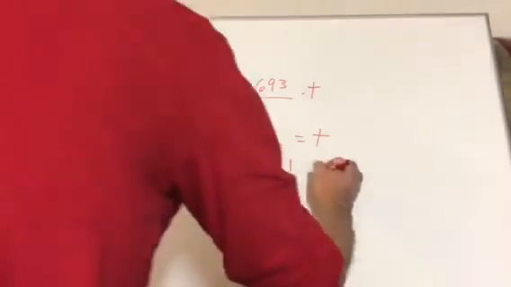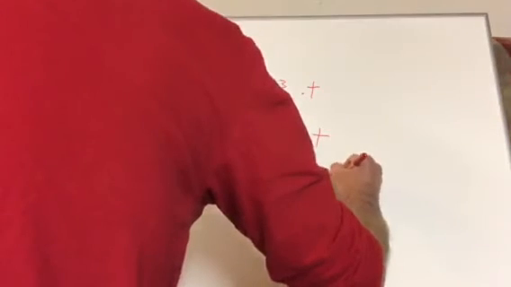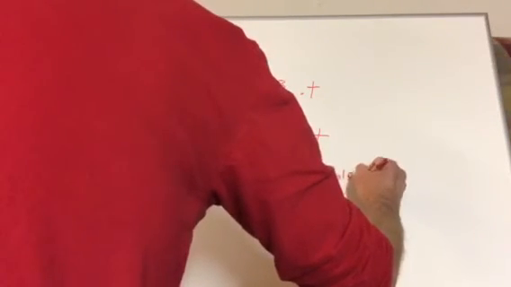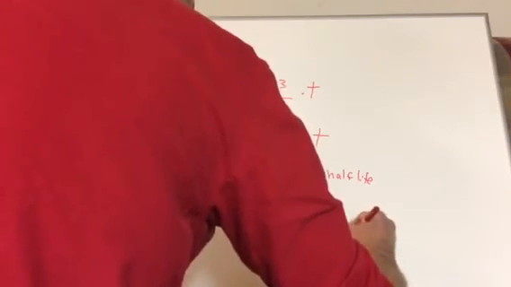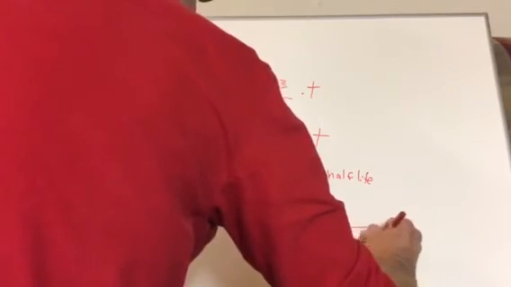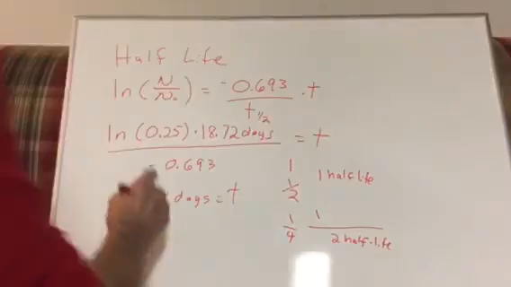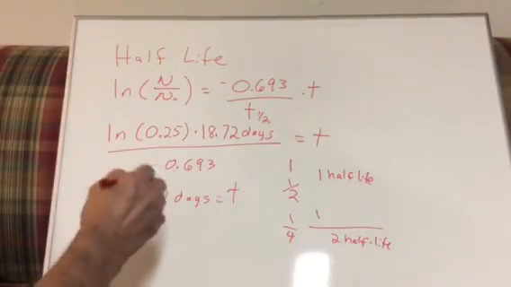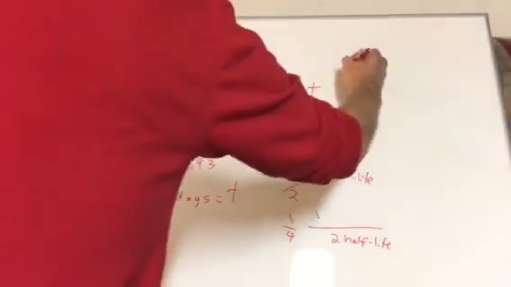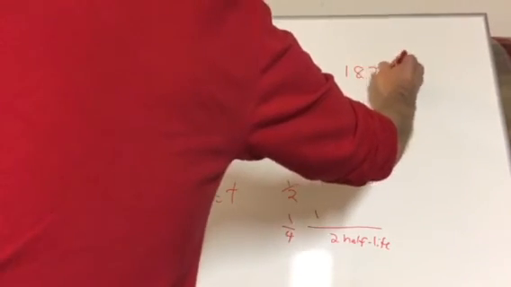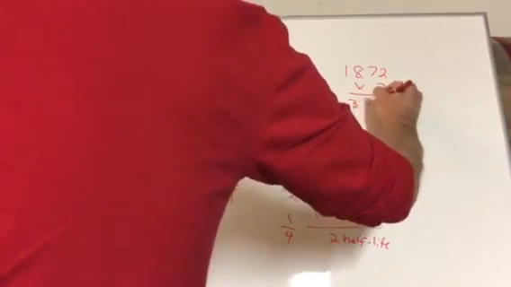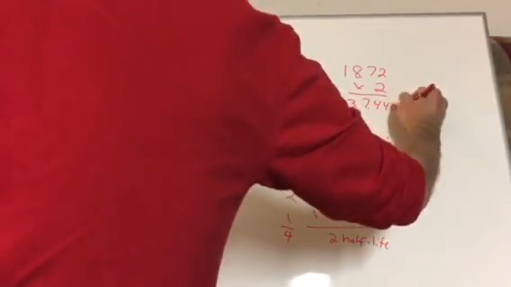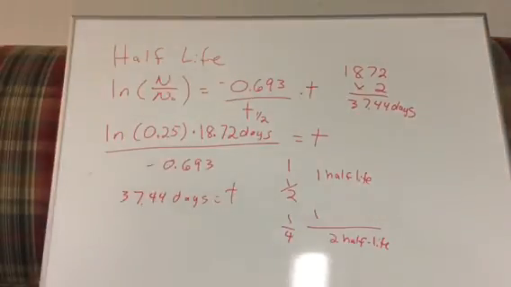So you had 1 half-life, and then another one, so you end up with 2 half-lives. You're told that a half-life was 18.72 days, so 18.72 times 2 is also 37.44 days.